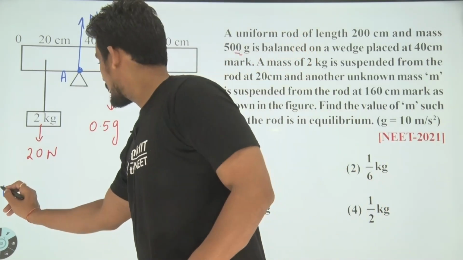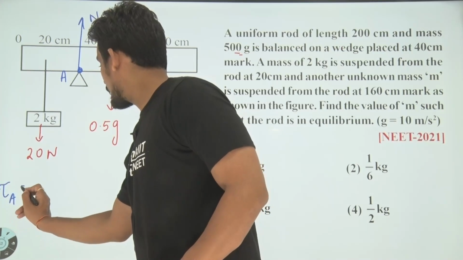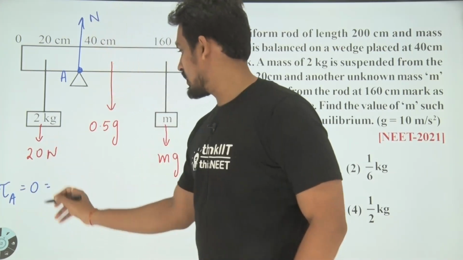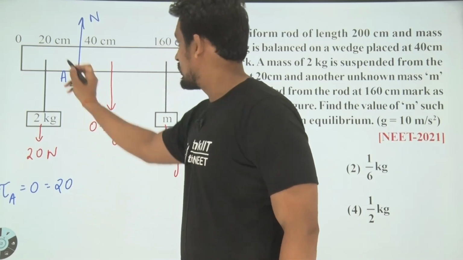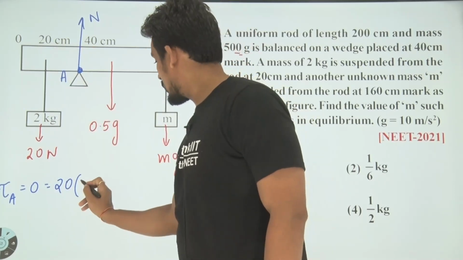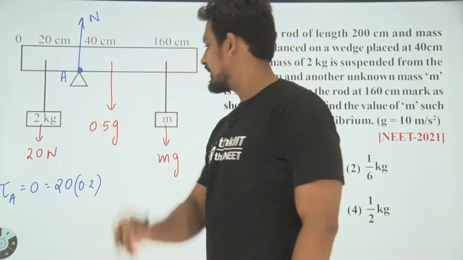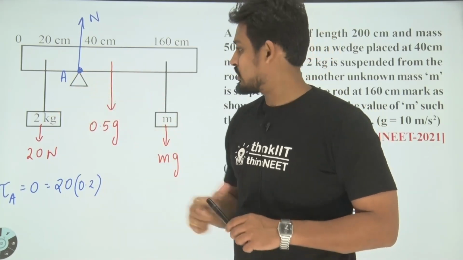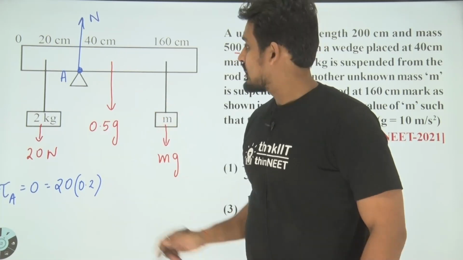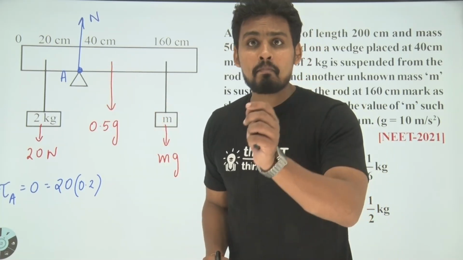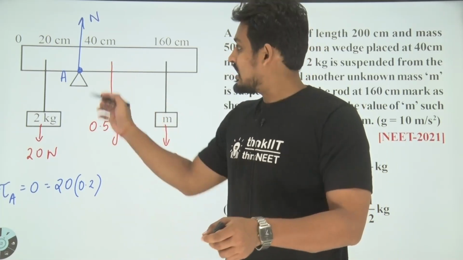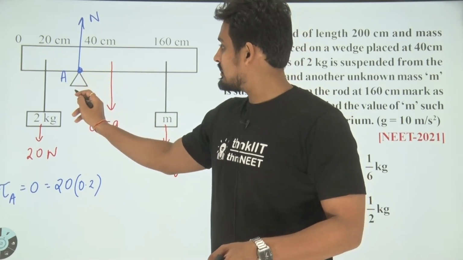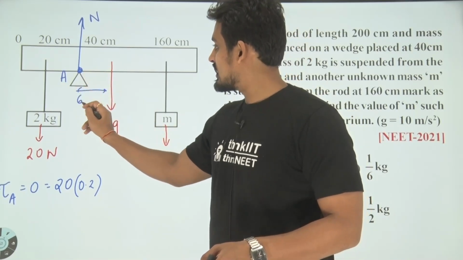Hence I would say torque about A must be equal to 0, which is equal to 20 into 20 centimeter, right? So this is 0.2. Correct? Now this is rotating it in the anti-clockwise direction. What about this 0.5 g? This 0.5 g is acting at the mid of the rod, and this mid of the rod is at a distance of 60 centimeter.